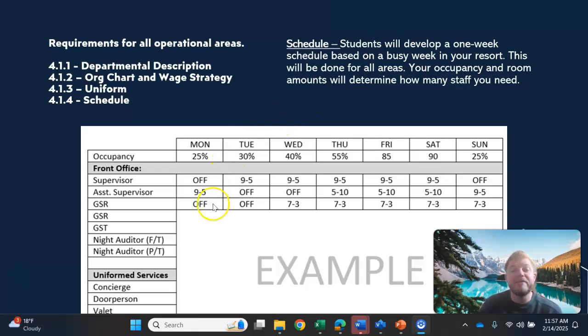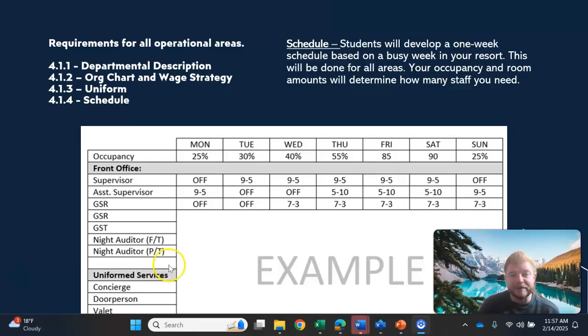So given that, then we would have to come up with an idea of how many guest service agents, how many night auditors, how many concierge, door person, valets. And there might be occasions where some of these positions, Monday through Thursday, might not even be required, right? So you're going to keep that in mind, because while we want to provide a high level of service, we also don't want to spend too much money.